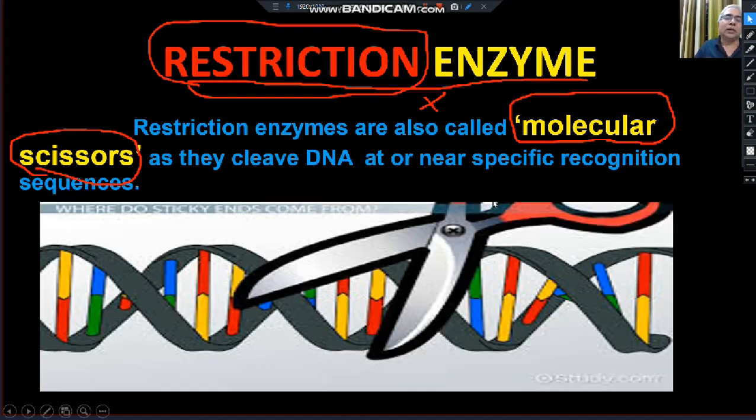Here in the diagram you are seeing that there is a double-stranded DNA and it is cut by a restriction enzyme. Since we cannot see the DNA molecule by our eyes, हम अब कपड़े को तो देख सकते हैं जिसको हम कैंची से काटते हैं, but we cannot see the DNA molecule. So the instrument required to cut this molecule is also invisible. वो भी नहीं दिखाई पड़ता.